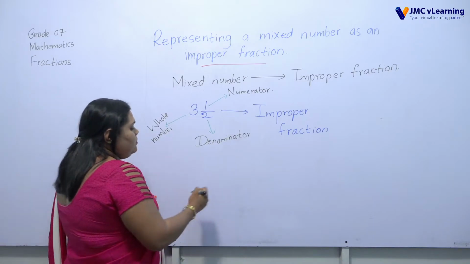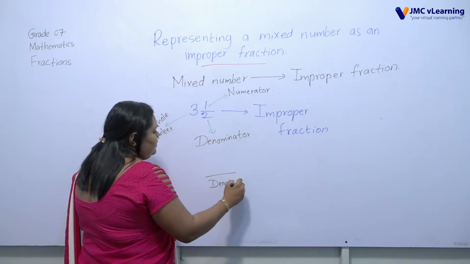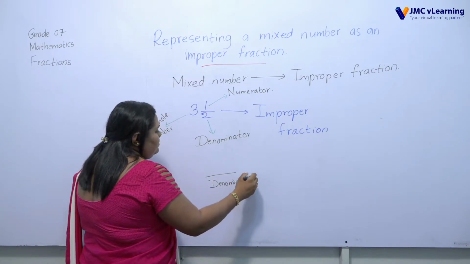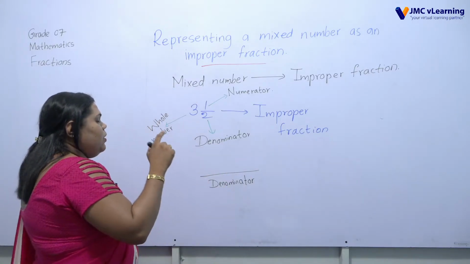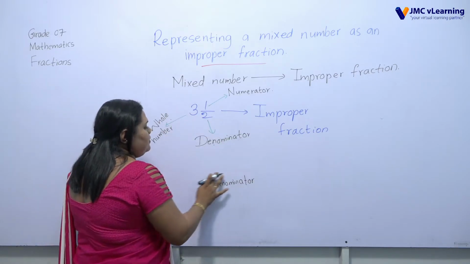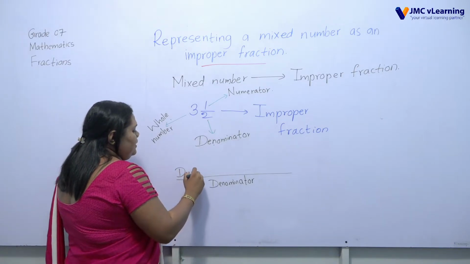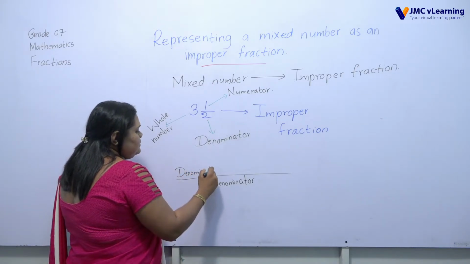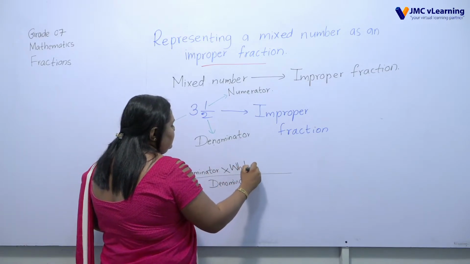Okay. Now after that we are going to convert this into an improper fraction. You cannot change the denominator. You have to keep the denominator, and to get the numerator you have to multiply the denominator and the whole number together.